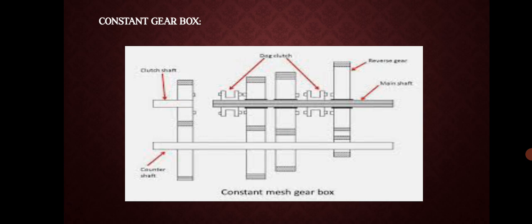Next is constant mesh gearbox. The constant mesh transmission has parallel shafts one over the other with gears in constant mesh. The gears on the main shaft are mounted on bushings and are free to rotate along with the counter shaft gear without affecting the main shaft when in neutral.